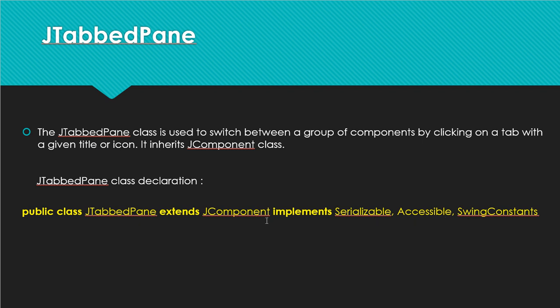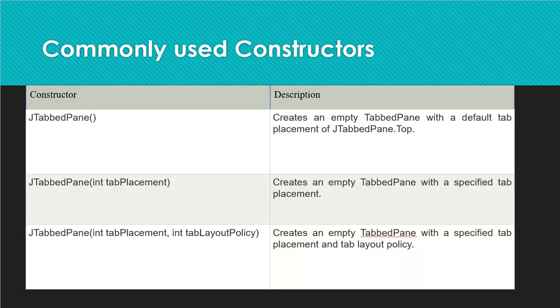Now we have to see the constructors of JTabbedPane. First is JTabbedPane, which is the default constructor that creates an empty tabbed pane. Next, JTabbedPane with a single parameter, int tabPlacement, where you can specify the placement of the tabs.